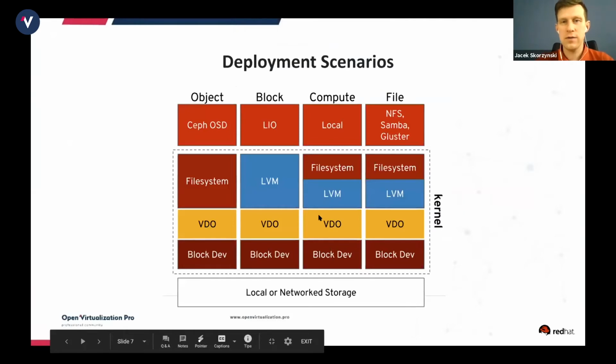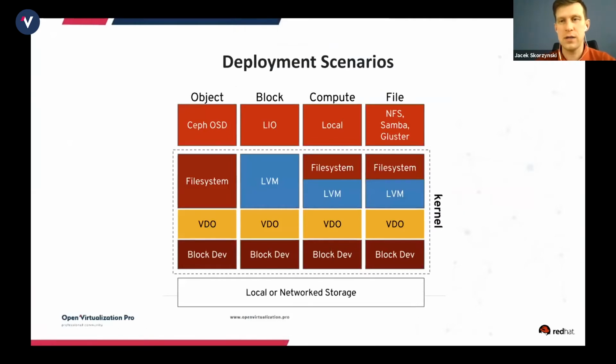So there are several deployment scenarios, but the thing here is that VDO should be put as close to the block device as possible. Okay? There is a great guide about that, the RHEL storage admin guide, which explains it in detail.